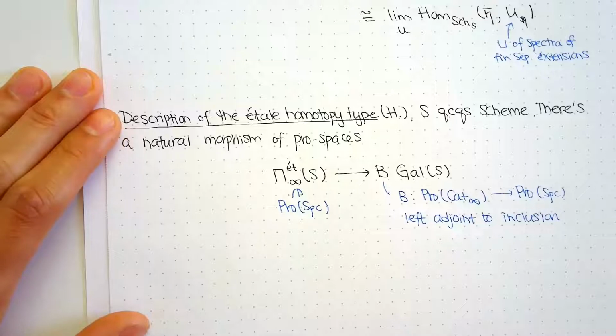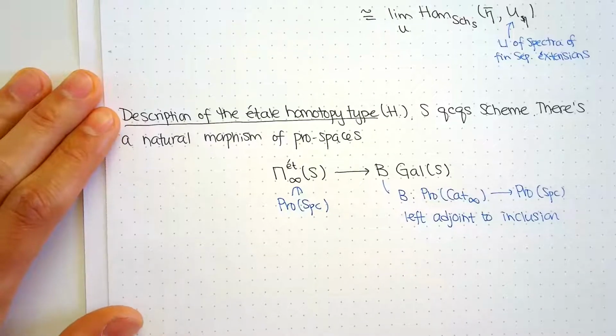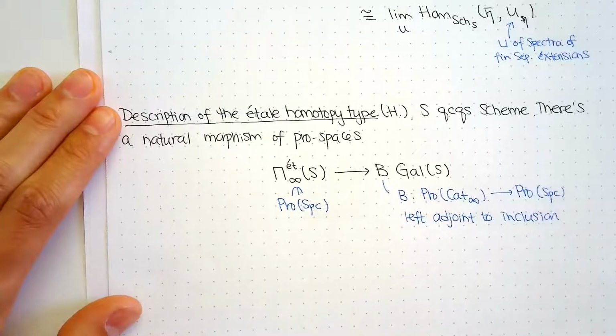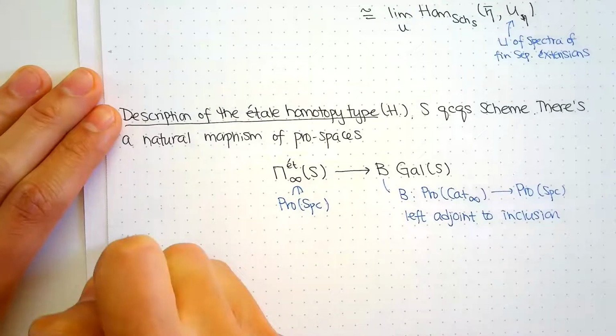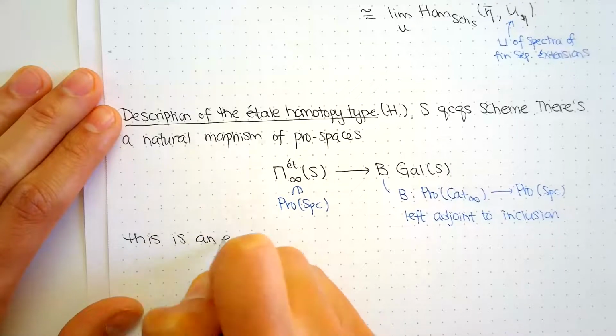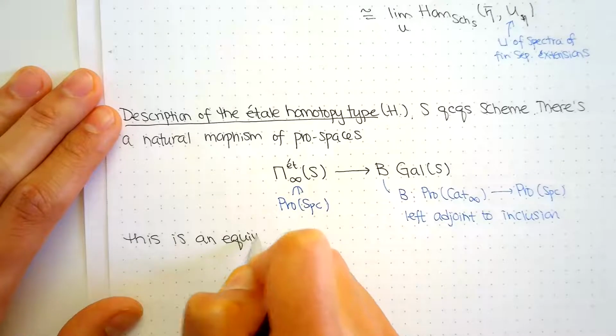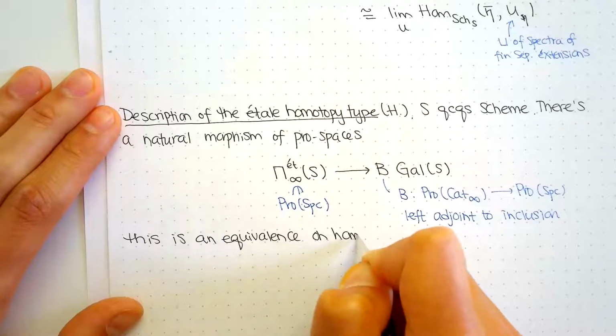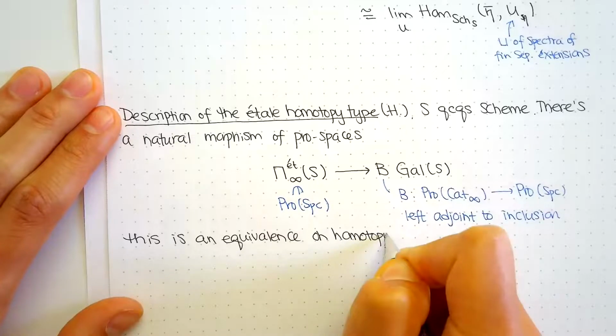So if you invert everything in that sense, then this is an equivalence on homotopy pro groups.